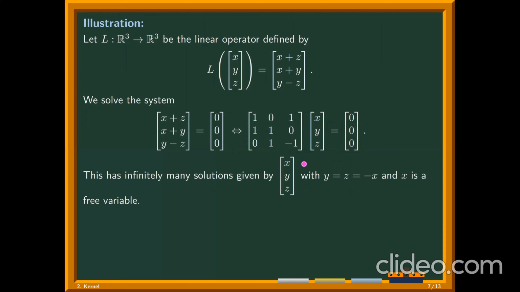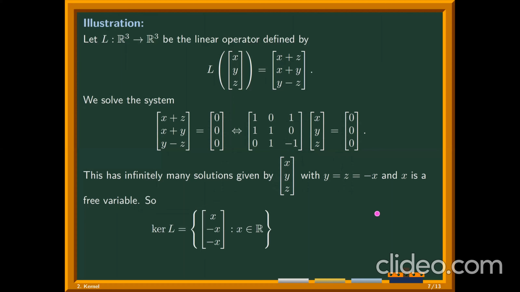Note that this system has infinitely many solutions given by x + z = 0, x + y = 0, y - z = 0. Or you can write that as y = -x, z = -x, and x is a free variable.